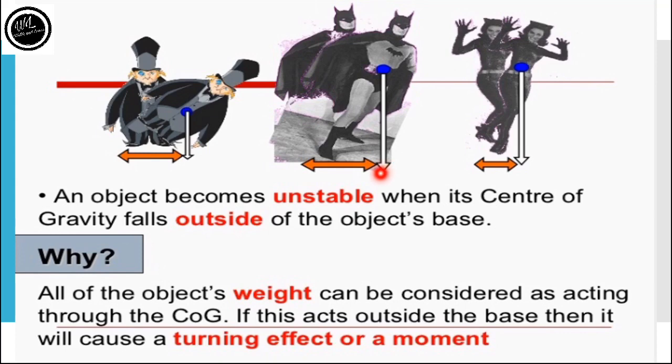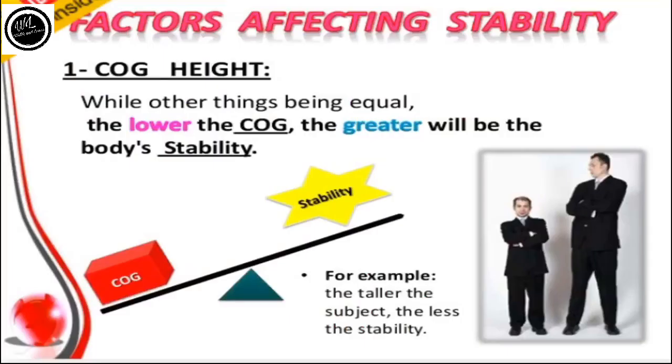And if a turning effect is produced in a body, then it does not satisfy the second condition of equilibrium. So the body will not be in a state of equilibrium. It will be unstable.